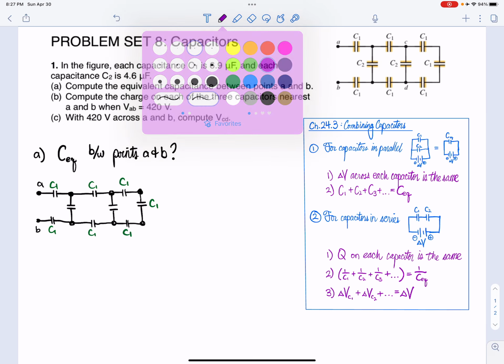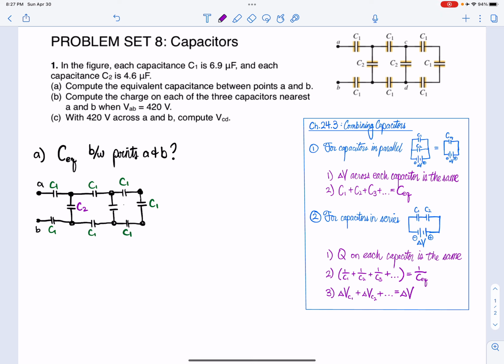Then I have C2 and C2. And they stated that C1 is equal to 6.9 microfarads, and C2 is equal to 4.6 microfarads.